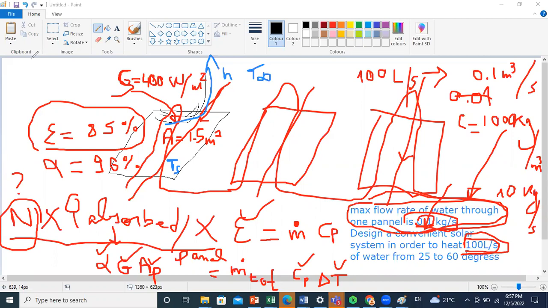So you can say that Q convection is equal to, but it's a loss now. And when you write your equation here, you should put N times Q absorbed times efficiency minus. I want to ask you one question. If I give you the efficiency here, should you multiply it before or after doing the subtraction?